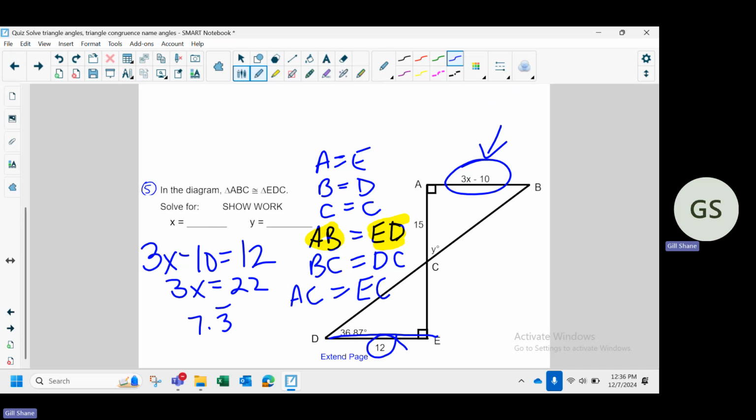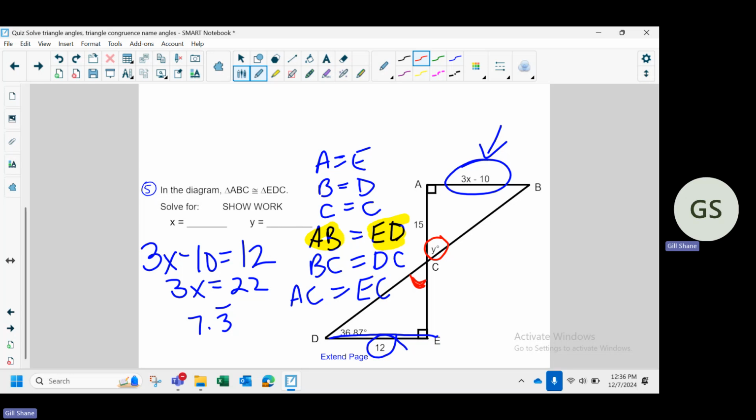And then Y, not many people got Y, a few people did. Again, not many people tried this one. I think if you would have tried it, you would have probably done better on this one than the other one. So for Y, let's just switch to red. I might be able to do it without erasing everything. So Y is just an angle. It corresponds to this one here, which I don't have anything in.